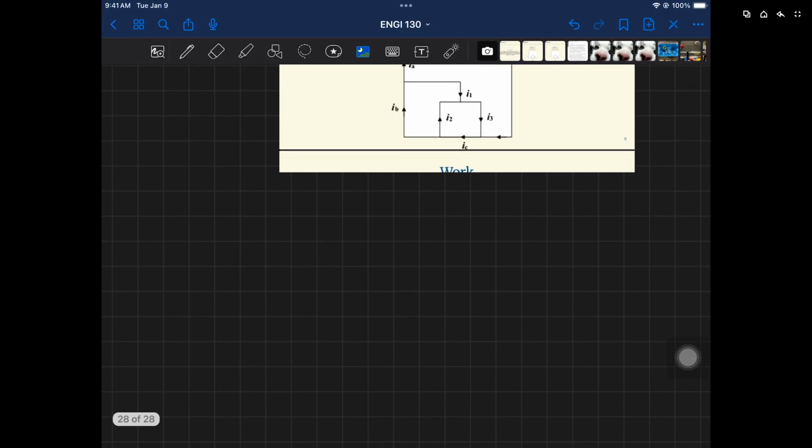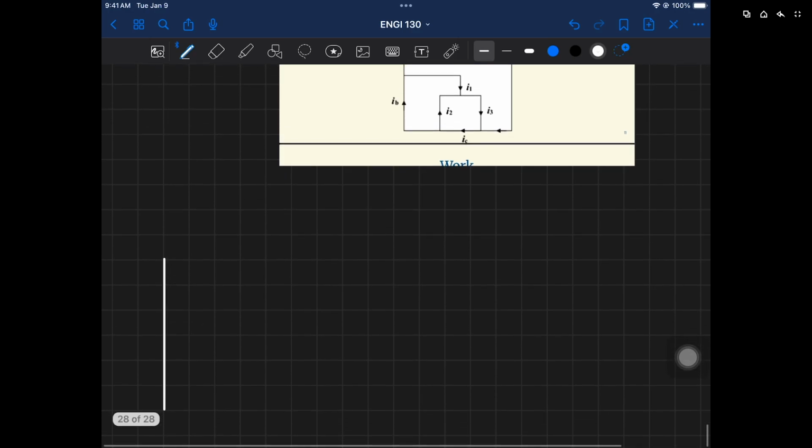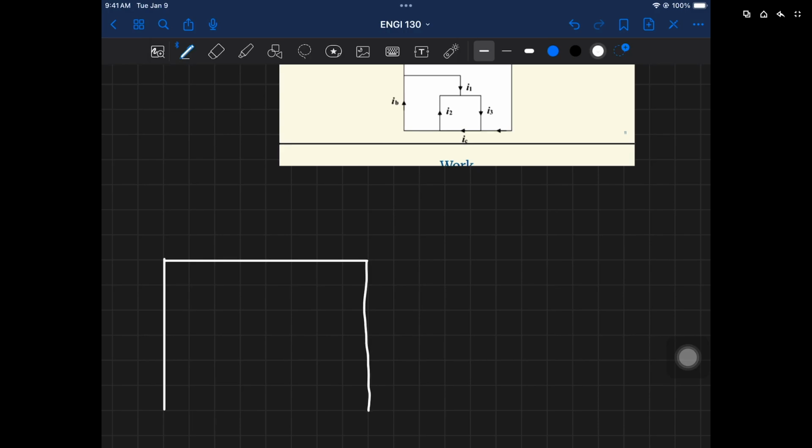We have a branch going like this. Let's make a big rectangle. Have a branch coming out like this.